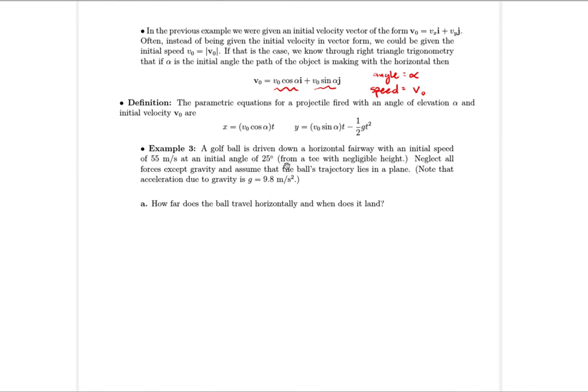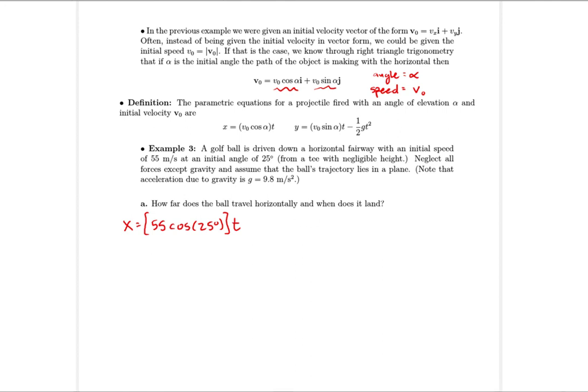It says, how far does the ball travel horizontally and when does it land? All right, so using these formulas, we can write out what the x and y components would have to be. My x is going to be the initial velocity, 55, times the cosine of the angle, times t.